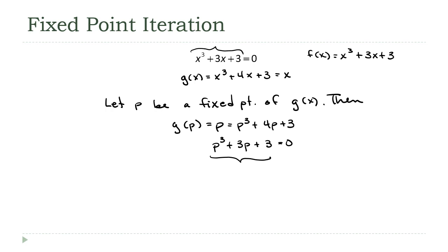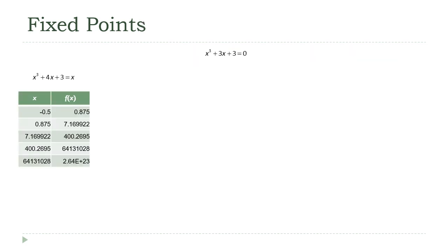So what I'm going to do is take my g of x function here, and do this fixed point iteration method with it, starting at x equals -0.5, somewhere in that -1 to 0 interval. Now, if we do that, and I've got the results over here, this is g of -0.5, this is g of 0.875, and so on.